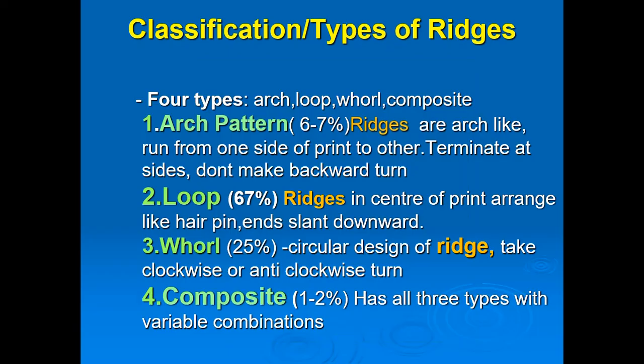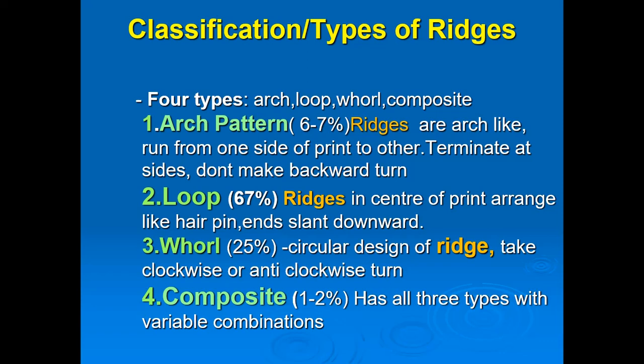The arch pattern is seen in 6 to 7% of the world population. Ridges are arch-like and run from one side of the print to the other side. They terminate at the sides and don't make a backward turn. They simply end on the sides. There is no other shape or turn or angle.